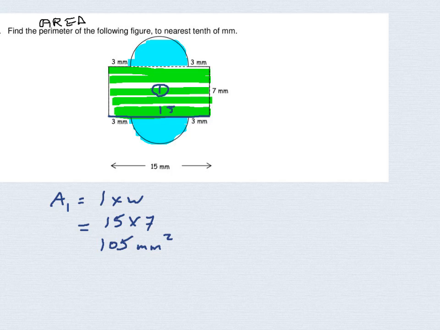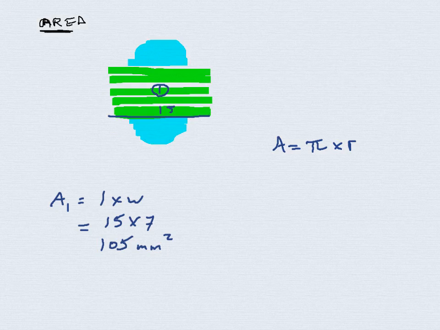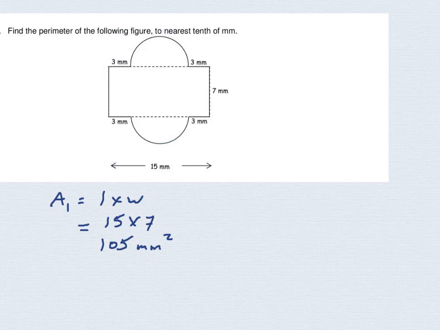Now the area of a circle is found by taking the value of pi, which is your constant, 3.1415 and so on, times the radius this time, but the radius must be squared. So that worked out to be pi times the radius squared.